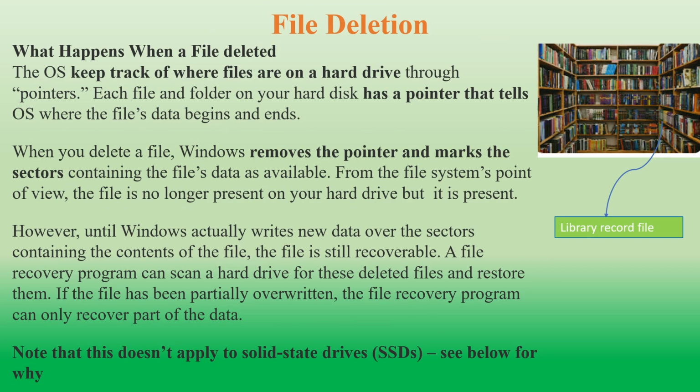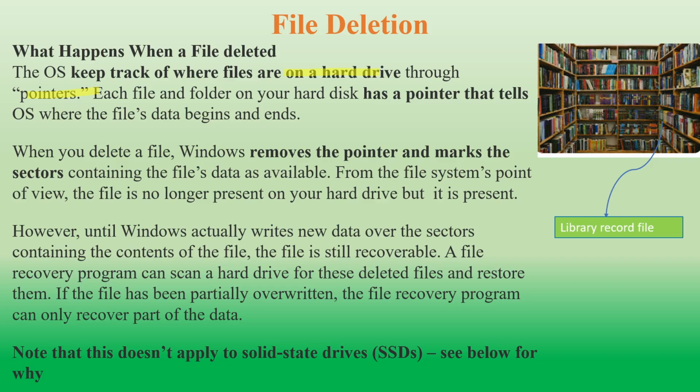And file deletion: actually, when a file is deleted, what happens? The file is stored on a disk. The operating system keeps track of where the files are on the hard drive through a pointer.